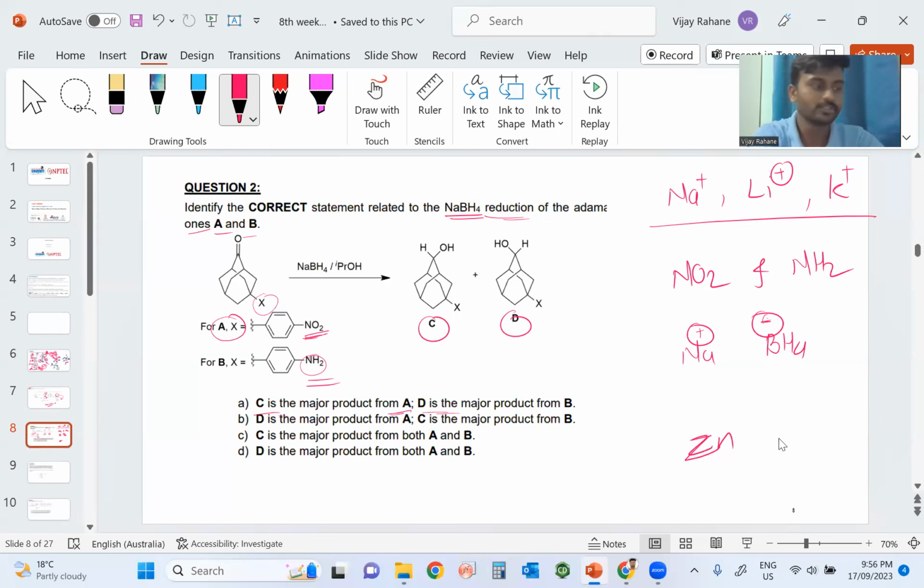Here they have given the sodium ion, which is obviously not able to be involved in chelation because of its small size. So in the case of sodium, we have to consider only the effect of BH4, not the effect of any positive ions.